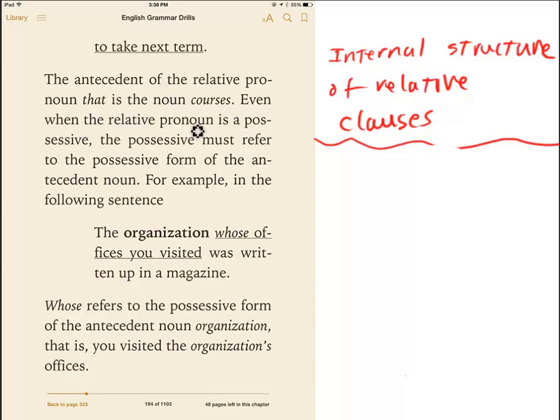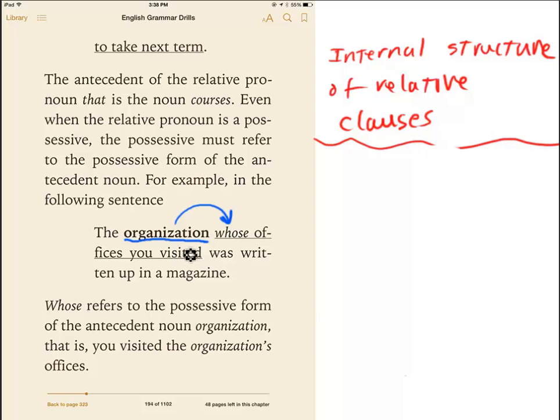Even when the relative pronoun is possessive, the possessive must refer to the possessive form of the antecedent noun. For example, in the following sentence, the organization whose offices you visited was written up in the magazine. The organization is the antecedent, and because it's a possessive, we use the possessive: whose offices you visited.